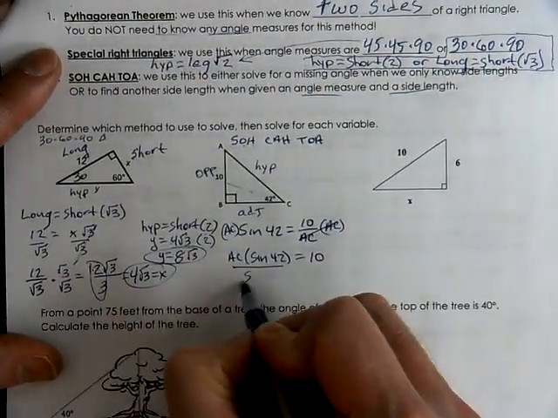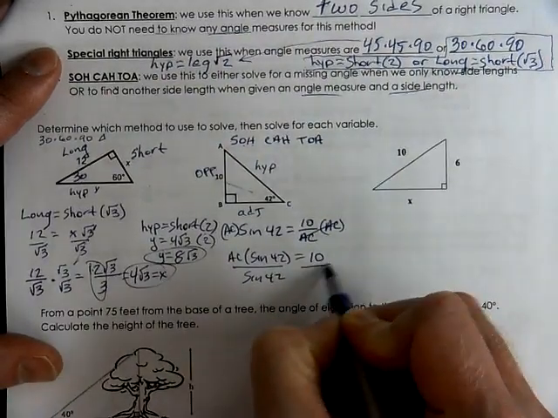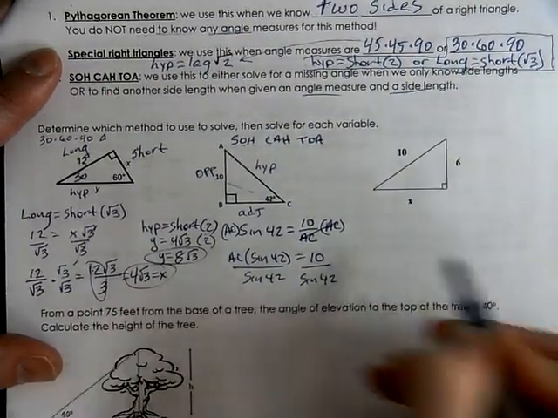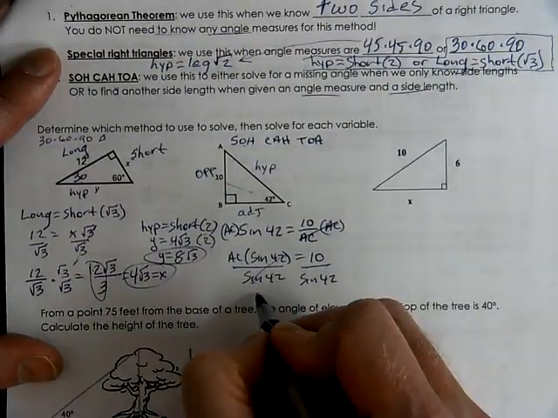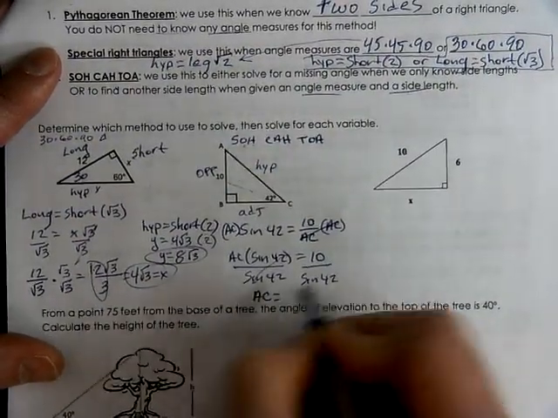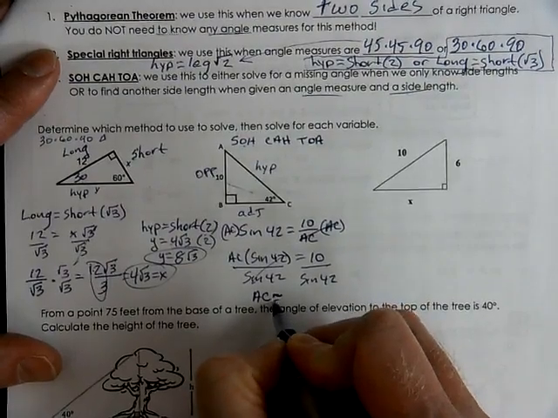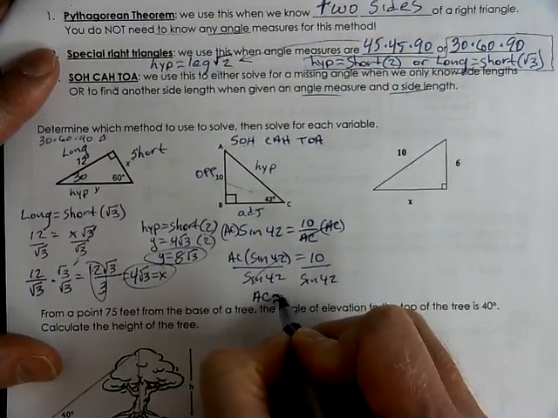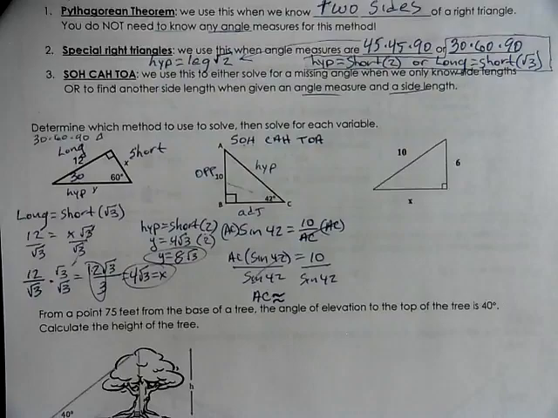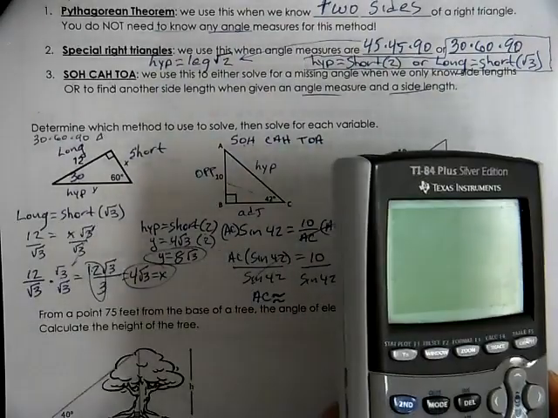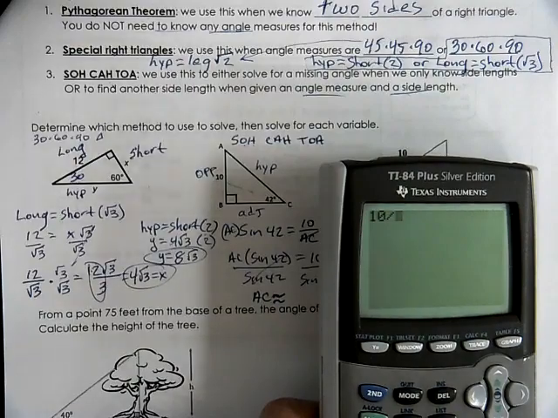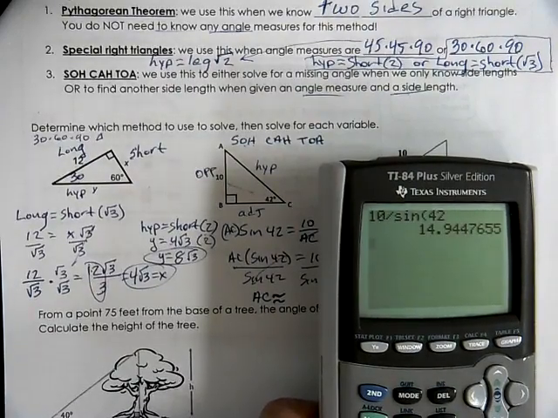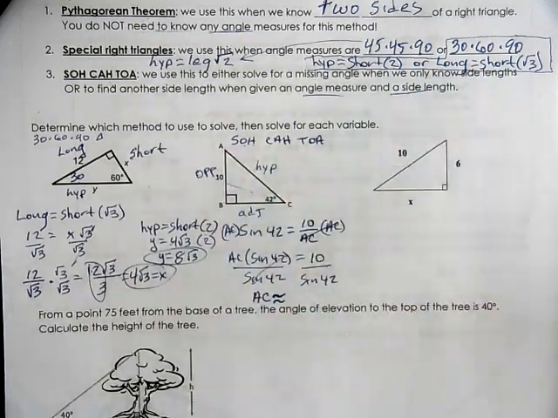So we're going to divide by the sine of 42. AC is going to be approximately 10 divided by the sine of 42. Gives me 14.9.